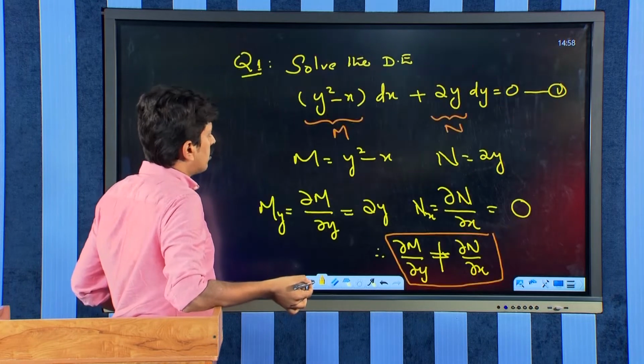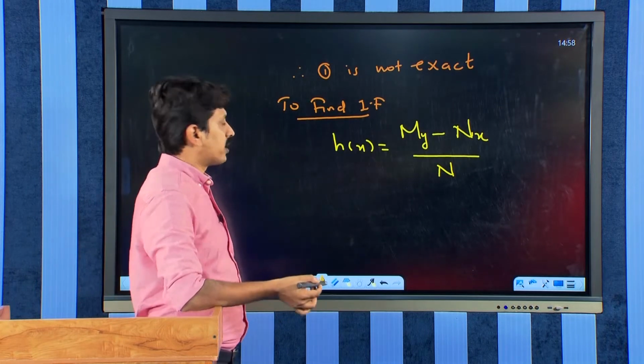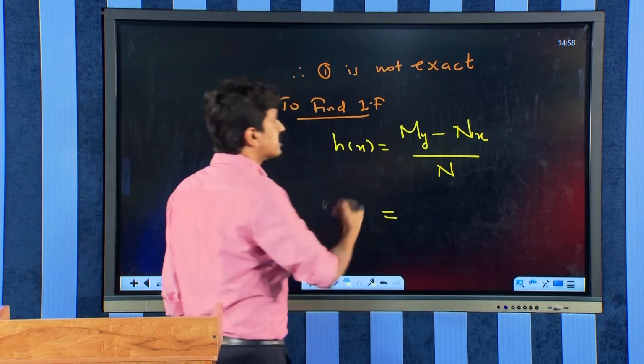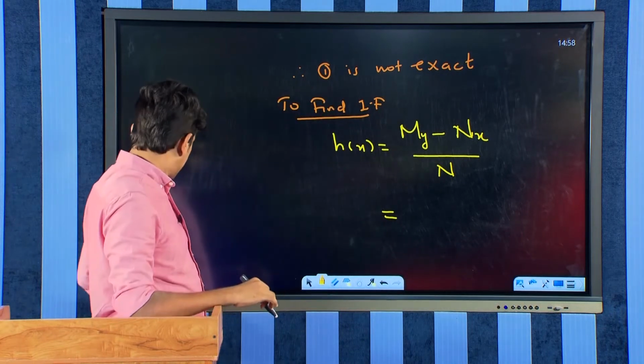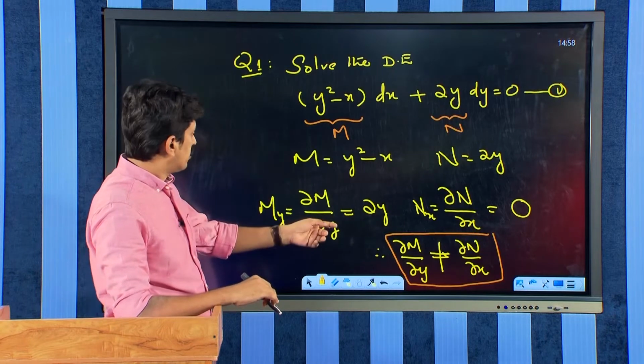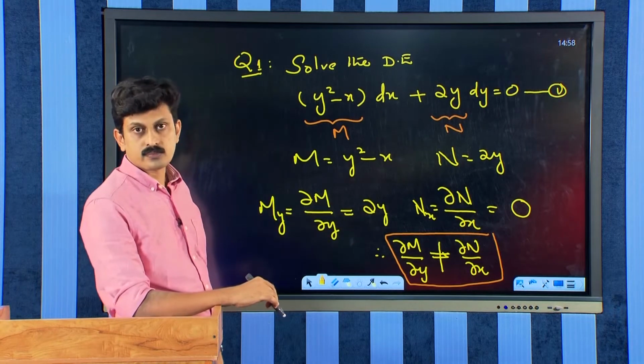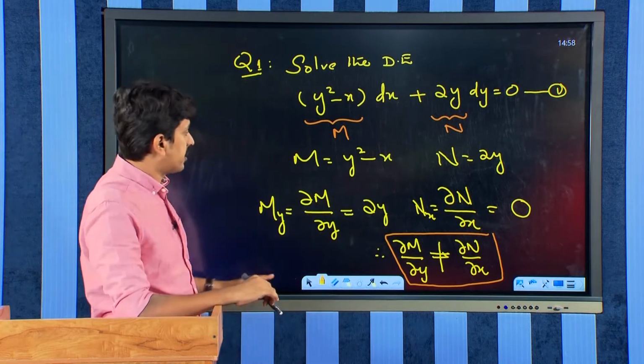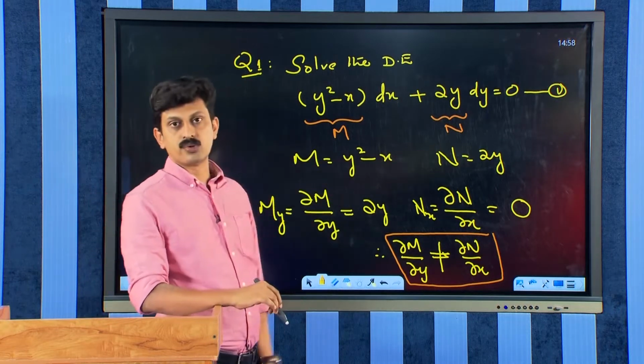Okay. So, we have to find h of x. We can evaluate this as (My minus Nx) divided by N, that we already found. Here N is actually 2y.